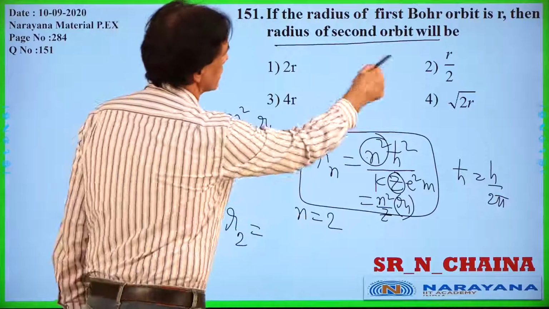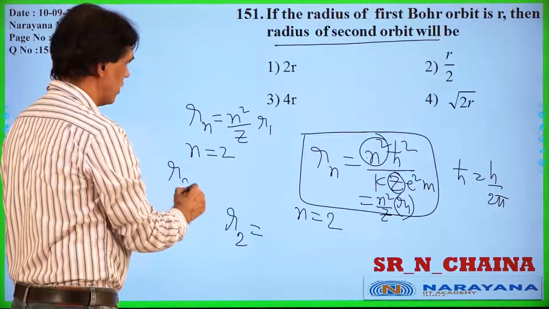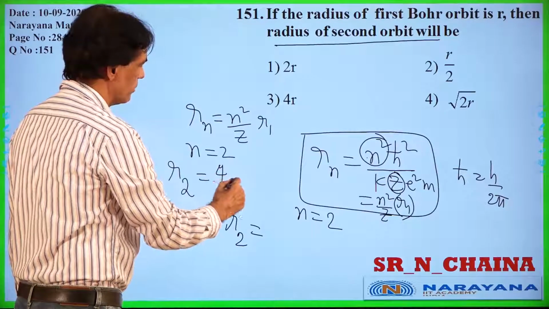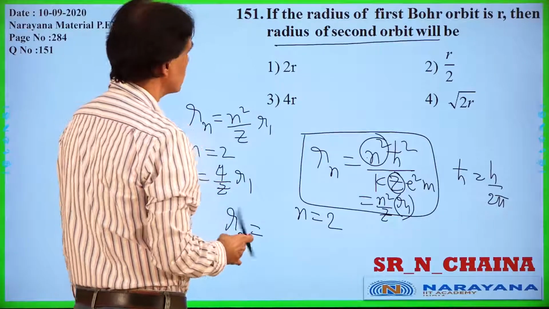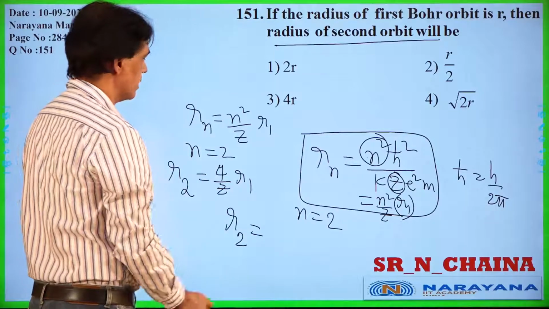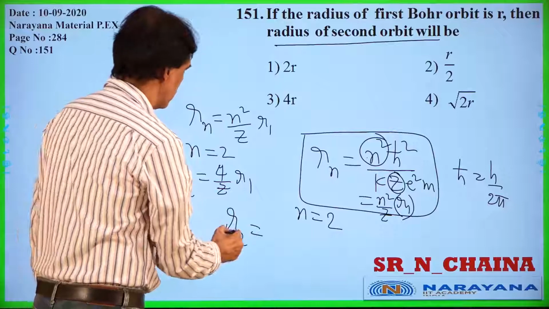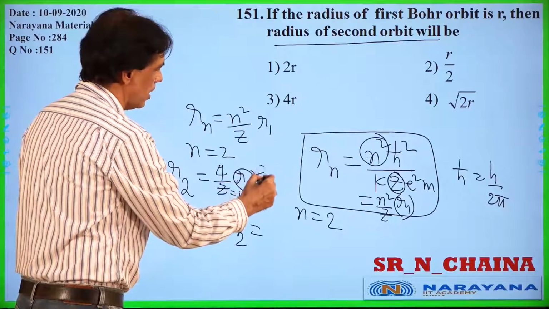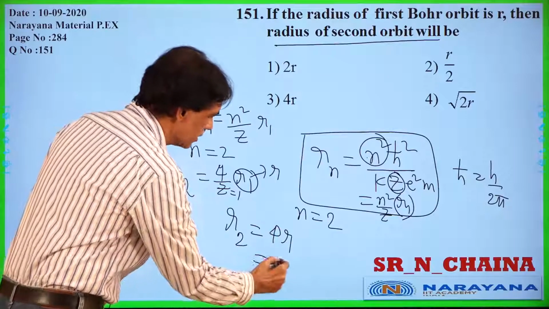We need to find the radius of the second orbit, so n is 2. Putting n equal to 2, R2 equals 2 square by z into R1, that means 4 by z into R1. For hydrogen atom, you can substitute Z equal to 1, and R1 is given as R. So it becomes 4 times R. This is the answer for this question.